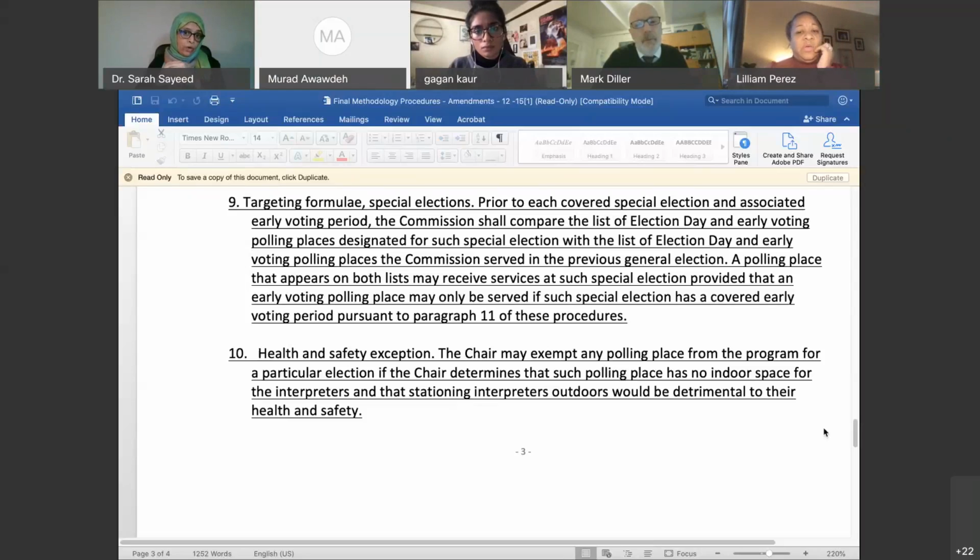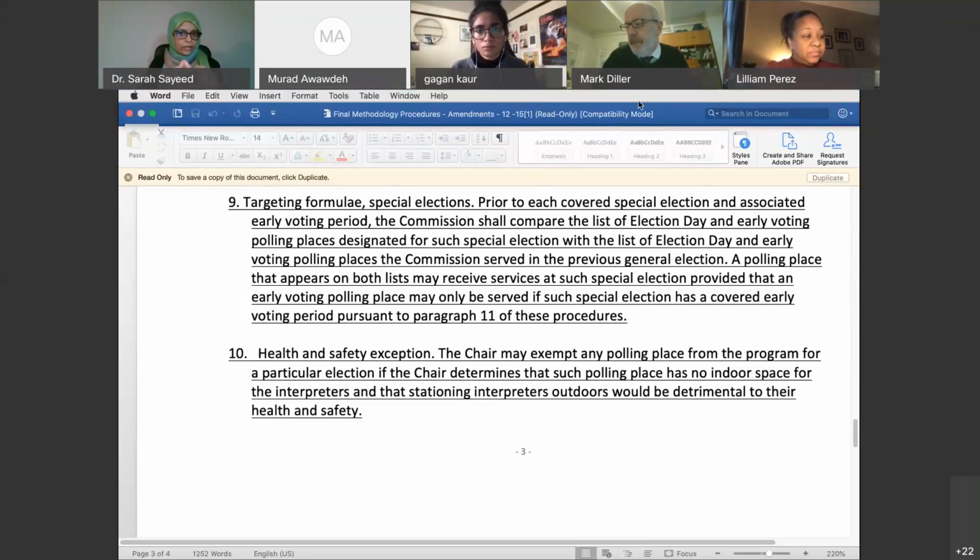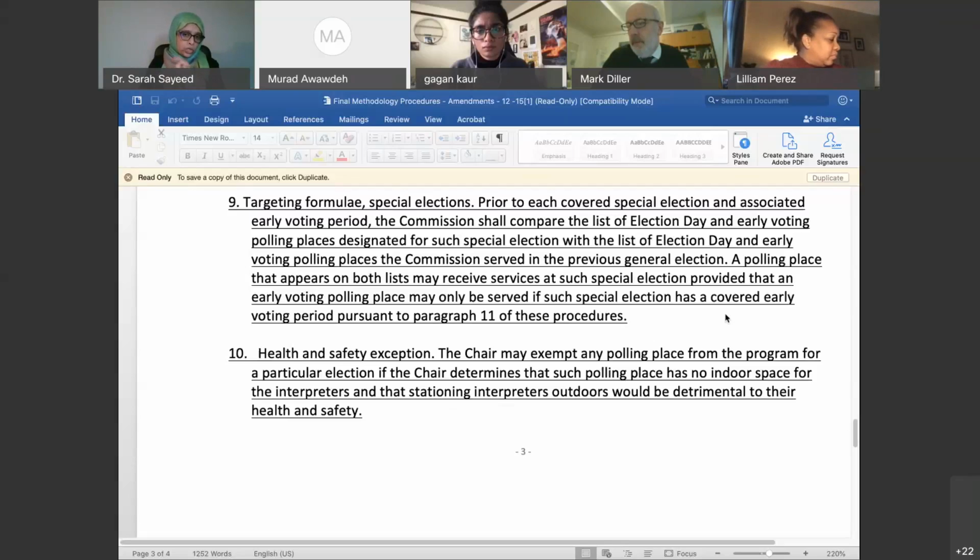What I want to also point out is that the issue of health and safety and the language assistants being stationed outside is one piece of the amendment, right? There are other questions in here that Murad, you spoke to, like not making decisions about specials based on what happened in the prior general election, which again, we can get into more detail about.